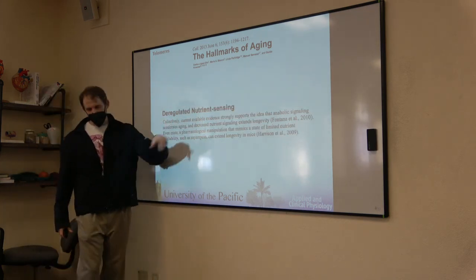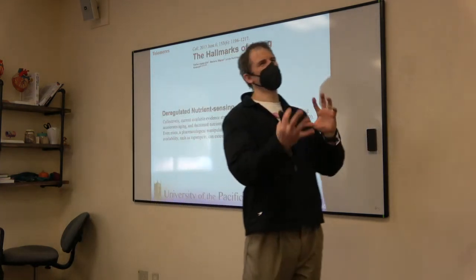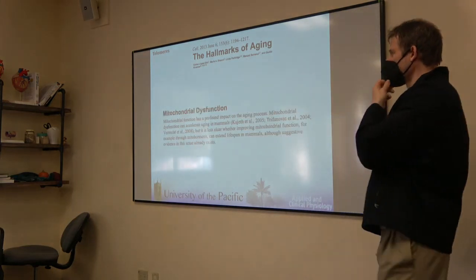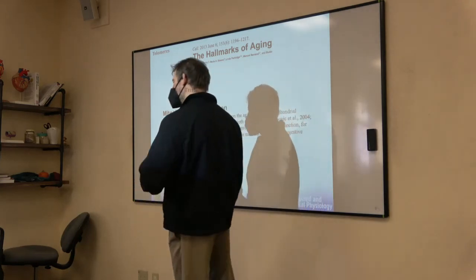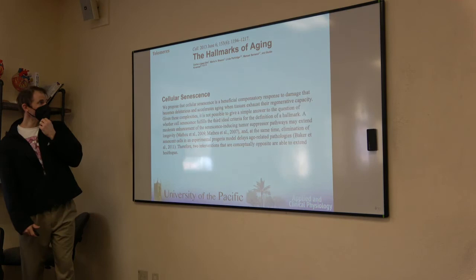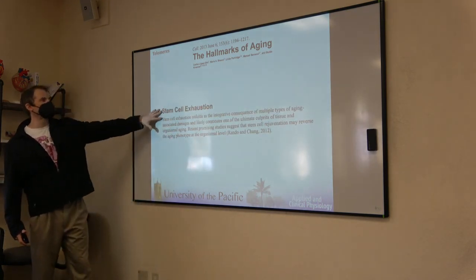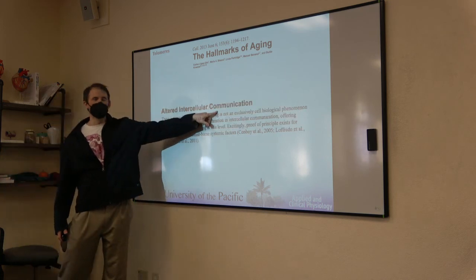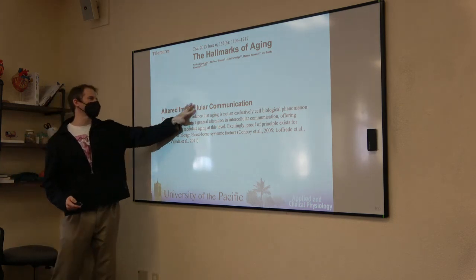Nutrient sensing can get messed up. This could be insulin and is mTOR on or off, signaling for nutrients. Mitochondrial dysfunction. As we go through life, we see more and more dysfunction of the mitochondria, cellular senescence itself, stem cell exhaustion, altered intracellular communication. So a lot of the cell inflammation can really mess this up.